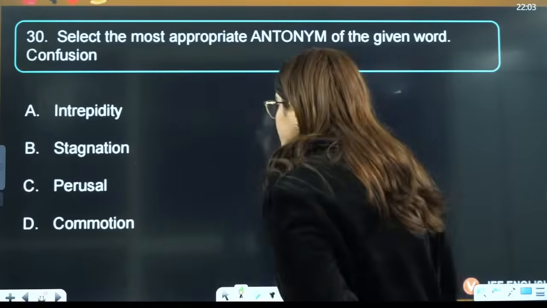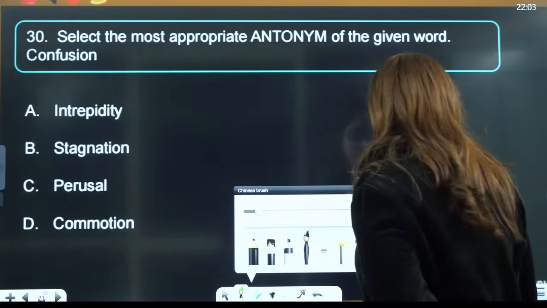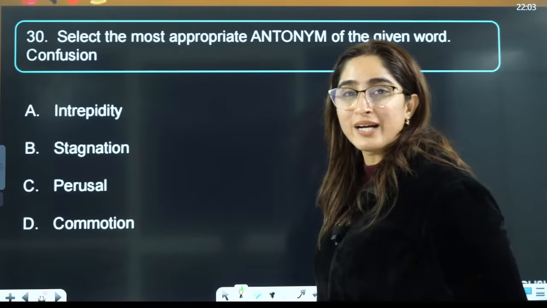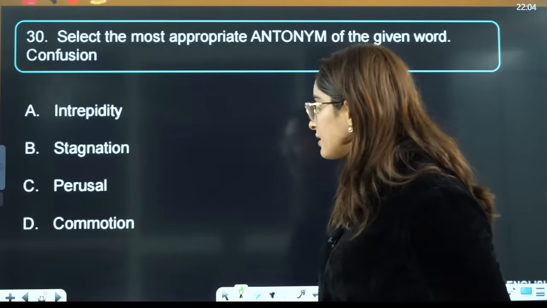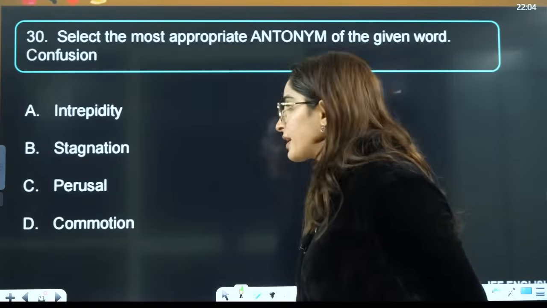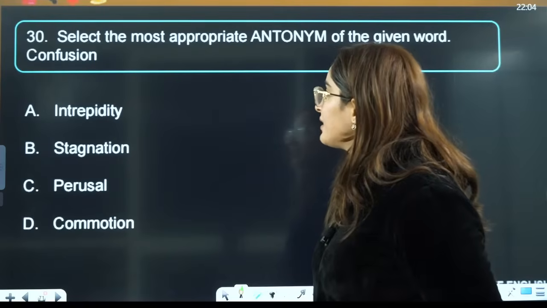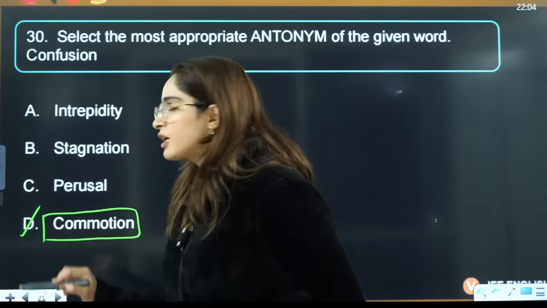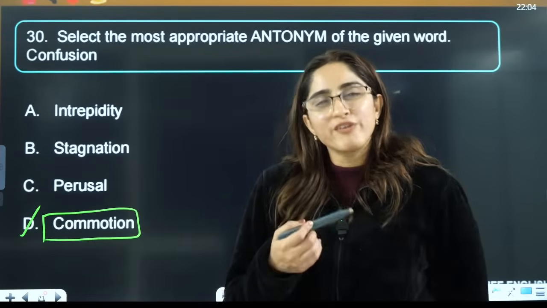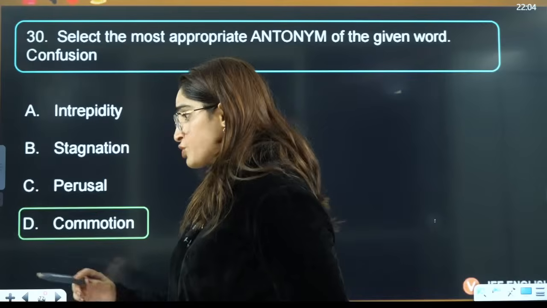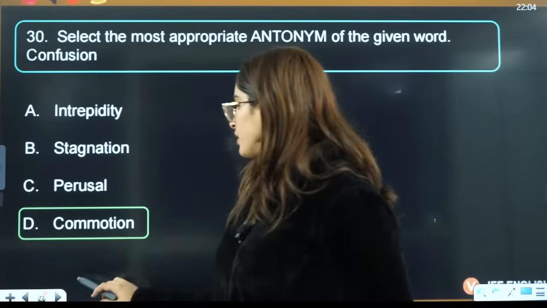Antonym means the opposite of confusion. Confusion means you don't know whether to go here or there, right? You're getting confused, that's why you are stuck there. It may be stagnation also. Persuade also is like confusion. Then the opposite of confusion will be commotion, right? Commotion means when you are confident that this thing is going to happen and you are moving in that direction. It's actually a famous word.